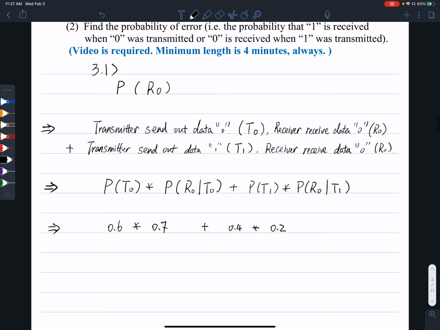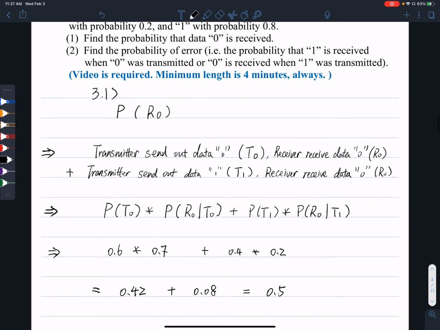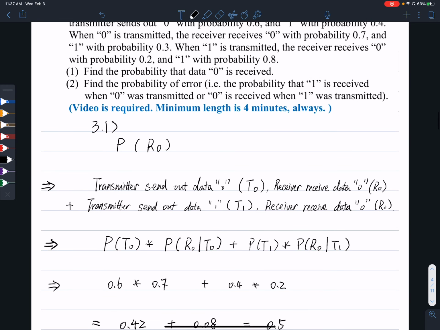And we can calculate that: 0.42 plus 0.08 equals 0.5. Okay, and that's the first question.